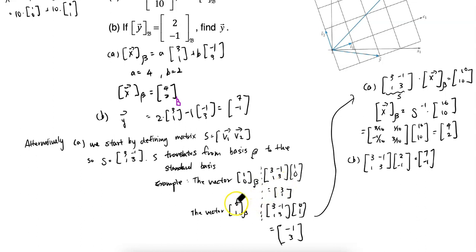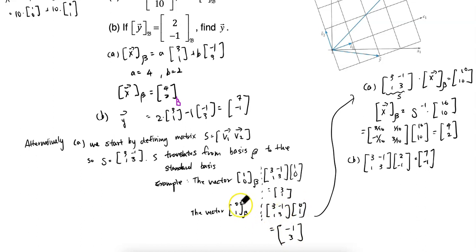Likewise, if we take vector 0, 1, to make sense of what matrix S does, we have to realize this is 0, 1 in basis B. If we multiply, we get negative 1, 3, indeed the second column.